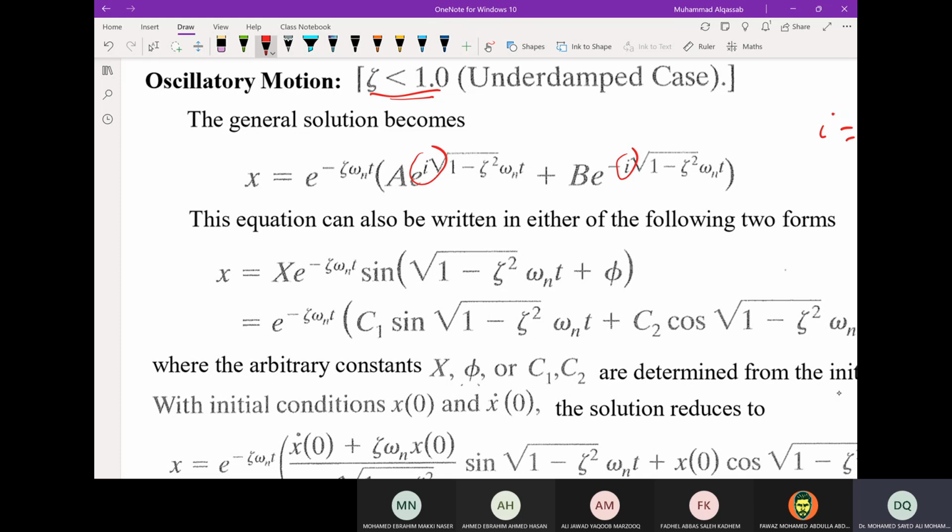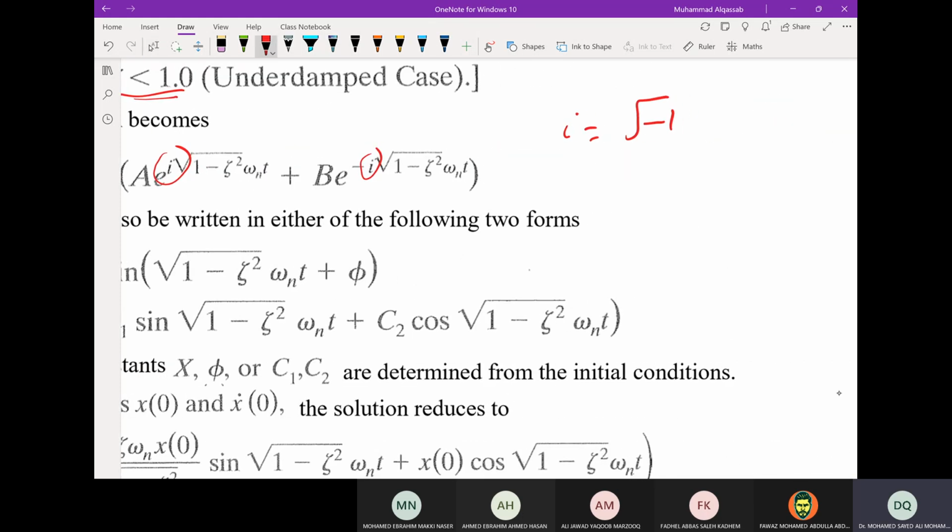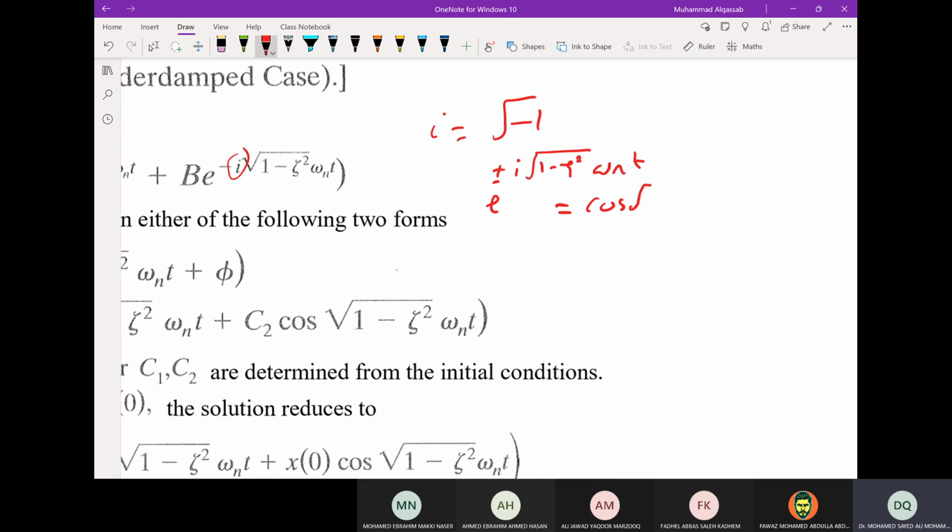And you can use Euler's equation for e to the power plus or minus i square root of 1 minus zeta squared omega n t. You can use Euler's equation, which gives cosine of square root of 1 minus zeta squared omega n t plus or minus, if the power is positive, then we have a plus sign here, addition.